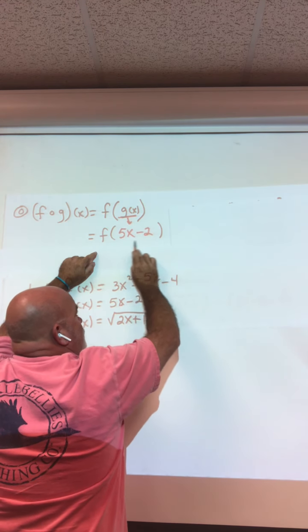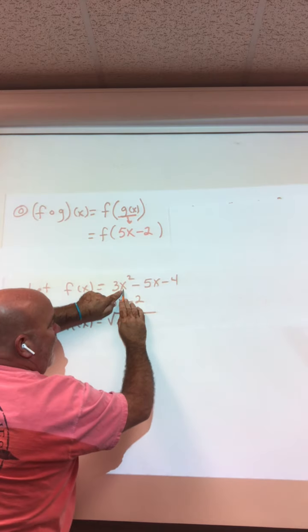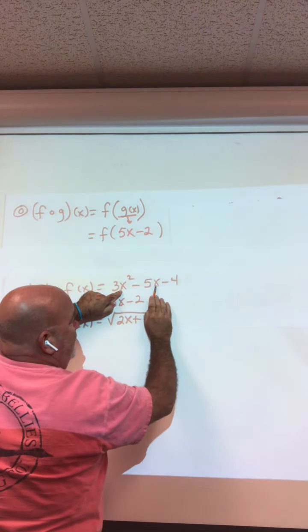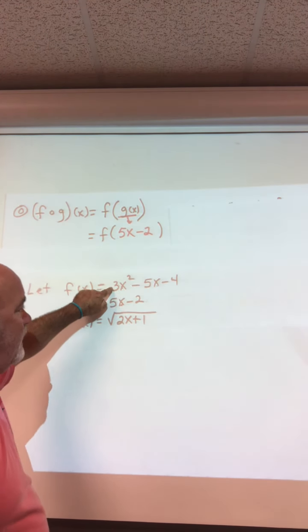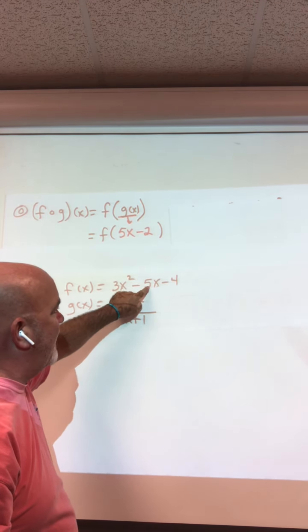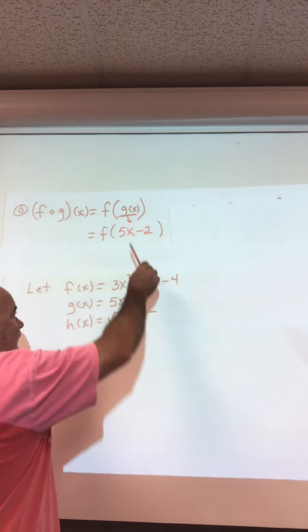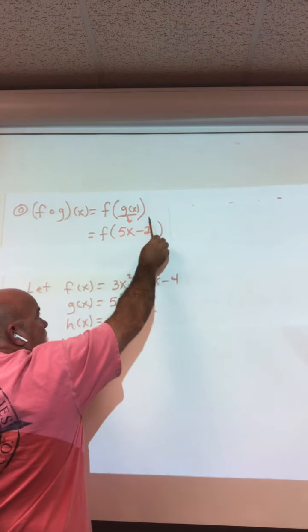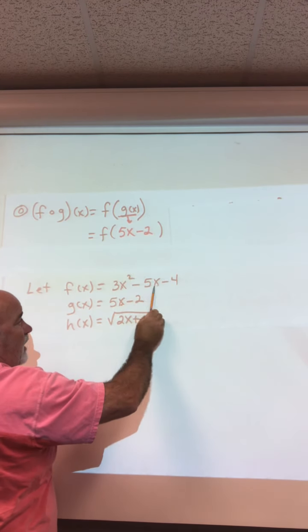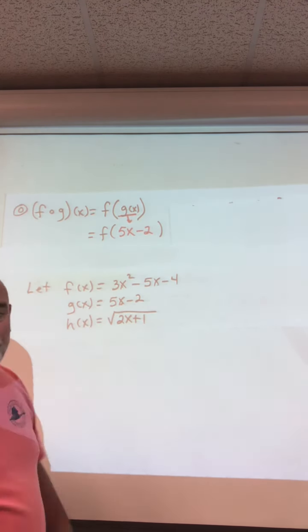So everything you see in red, which is 5x minus 2, you're going to put it right here and right there. So it's going to be 3 times 5x minus 2 squared minus 5 times another 5x minus 2 minus 4. So every bit of what's in this parentheses goes in x's place in the F function. All right, so that's where the next line comes from.